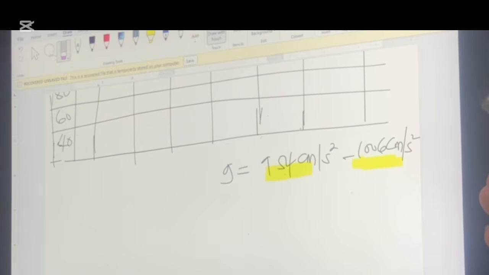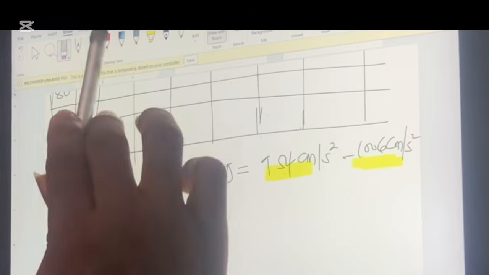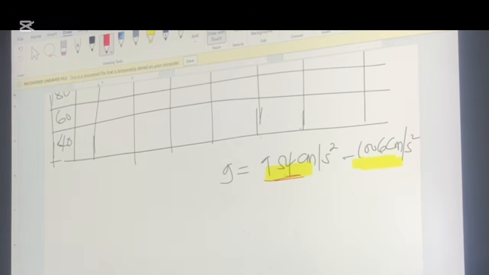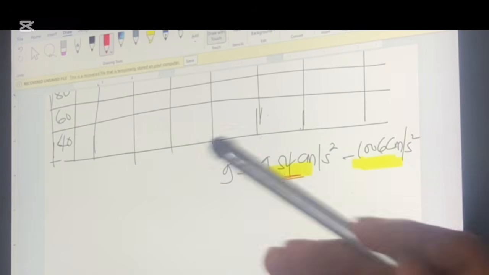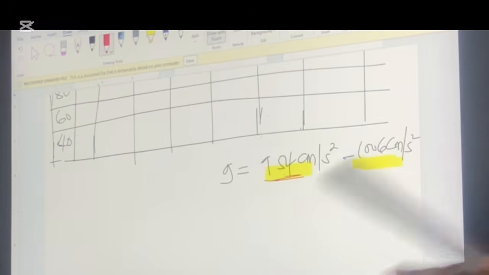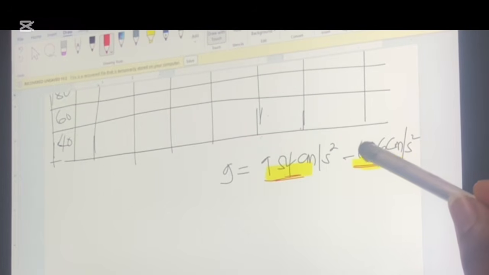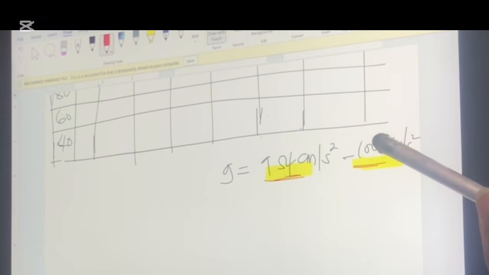But if you solve and your value is 4 something, it is out of this range. If your value is 11 something, it is out of this range. So the range of g is 954 cm per second square to 1006 cm per second square.